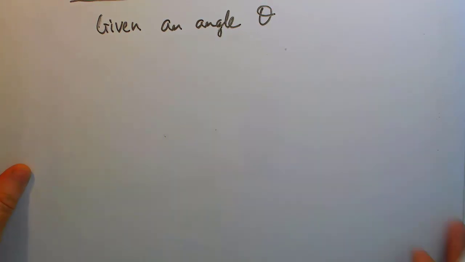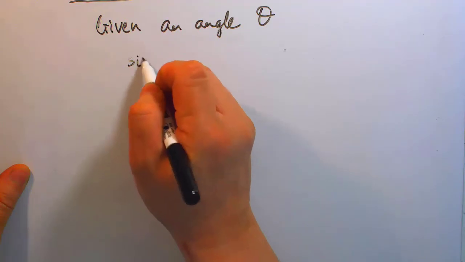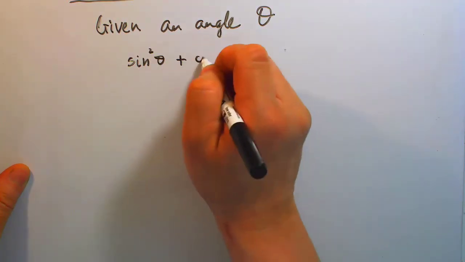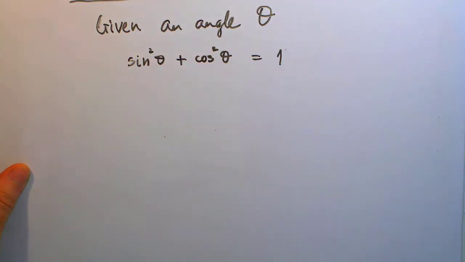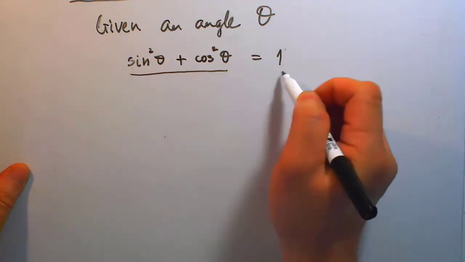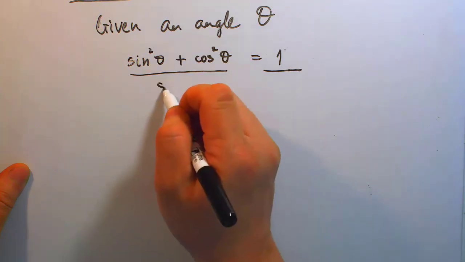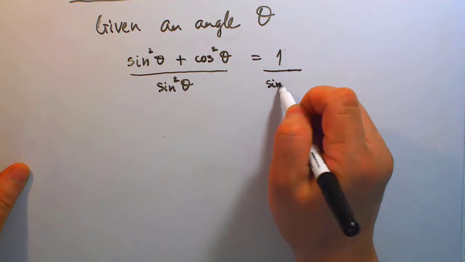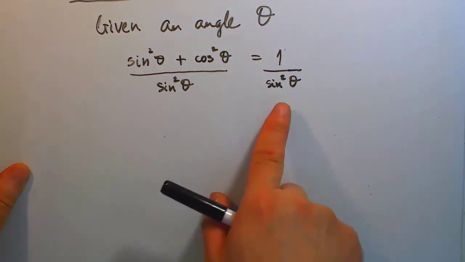All right, I'm going to do similar work, starting out with my fundamental identity, sine square of theta plus cosine square of theta equals 1. This time I made my choice to divide both sides of my equation by sine square of theta.